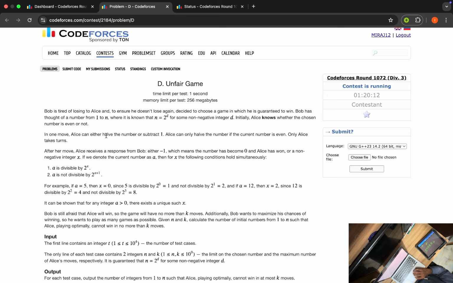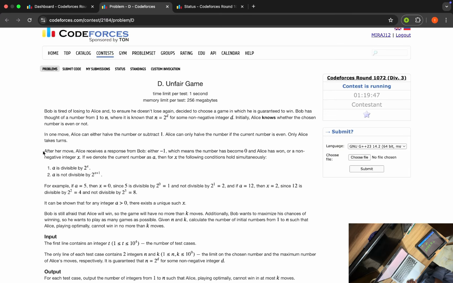In one move, Alice can either have the number or subtract 1. What does have mean? Does have mean she won the game? Alice can only have the number if the current number is even. Only Alice takes a turn.